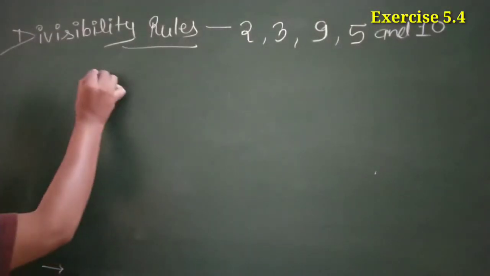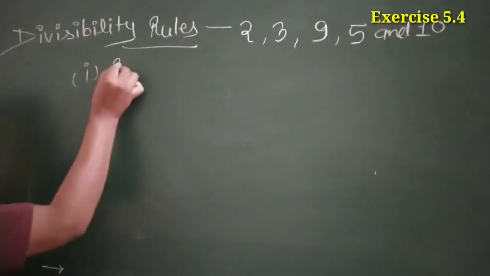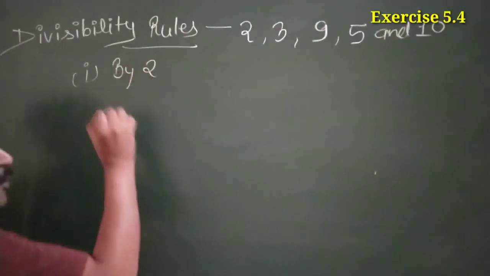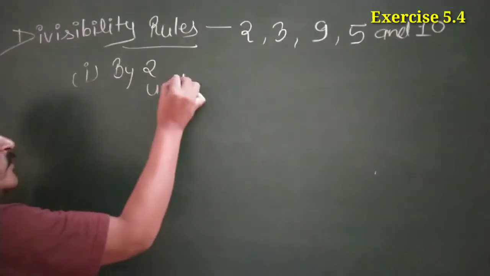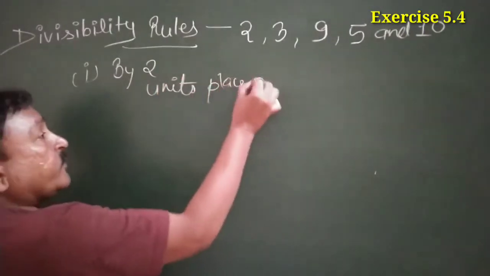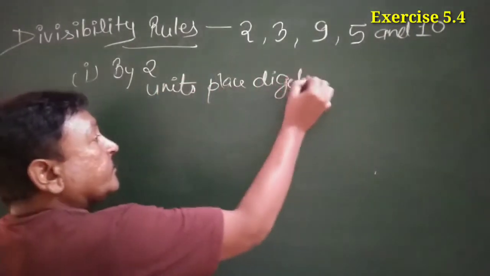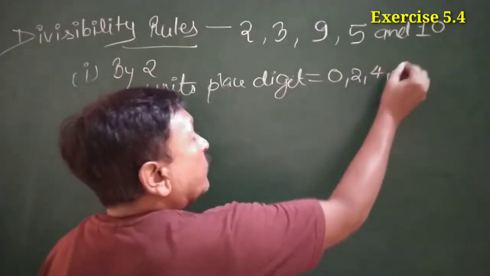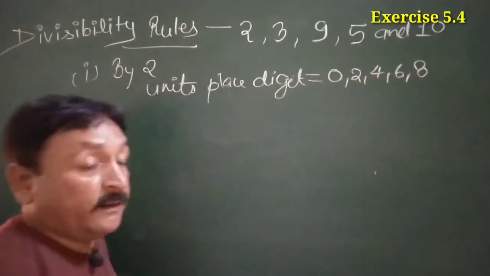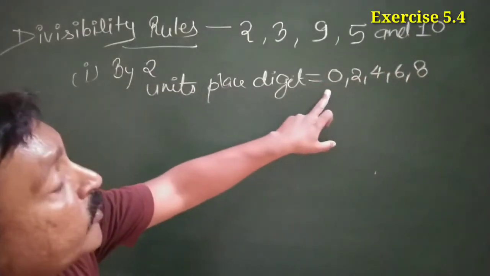So first of all, divisibility by 2. If any number has its units place digit as 0, 2, 4, 6, or 8, then that number will be divisible by 2.